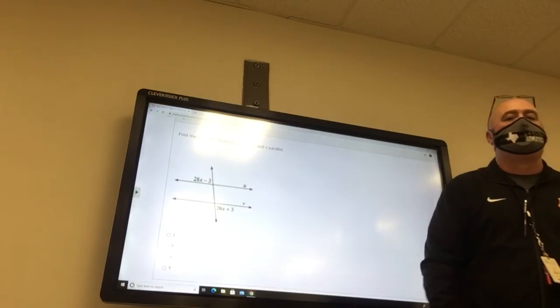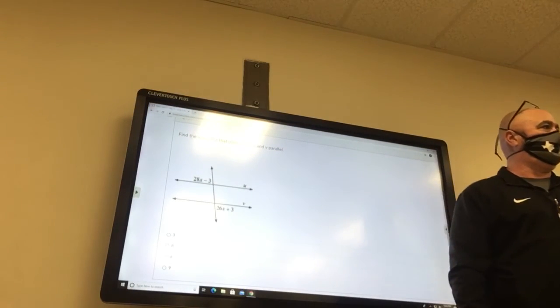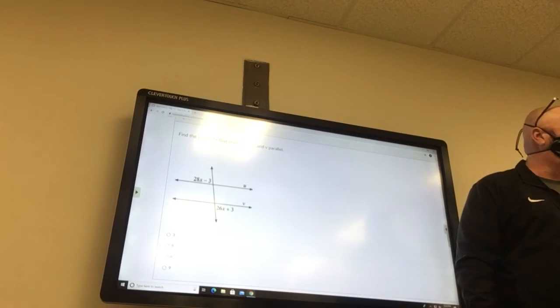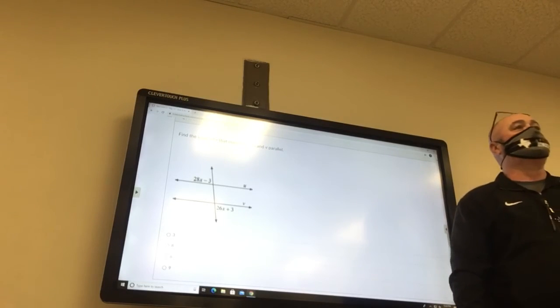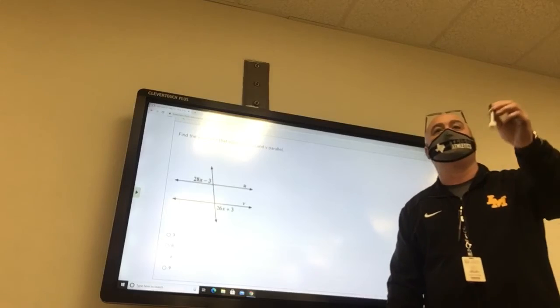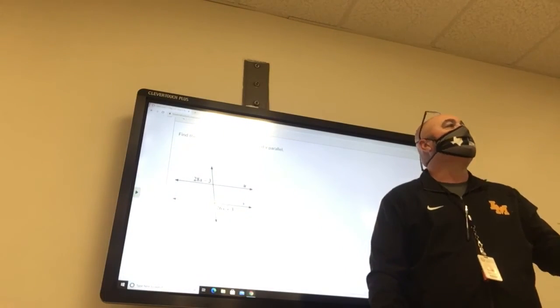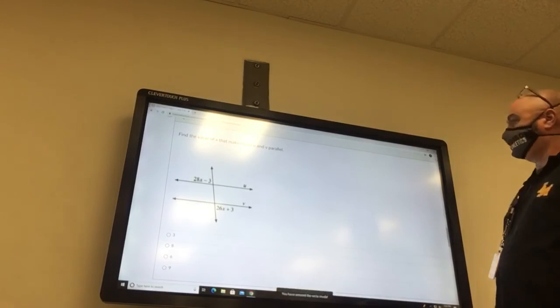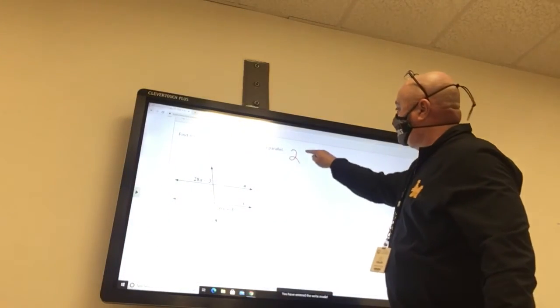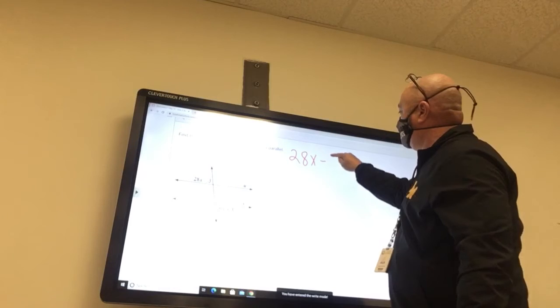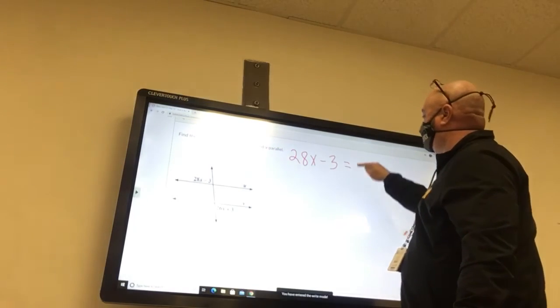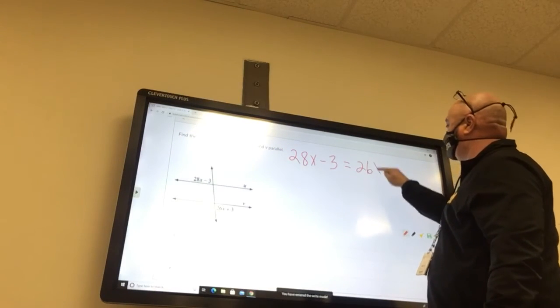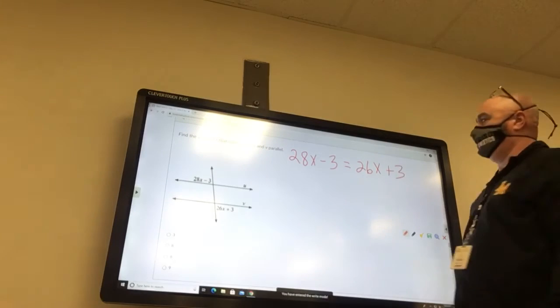What do you know about alternate exterior angles? They are the same, which the same means what in math? Equal. So what's this? 28x minus 3 is equal to 26x plus 3.